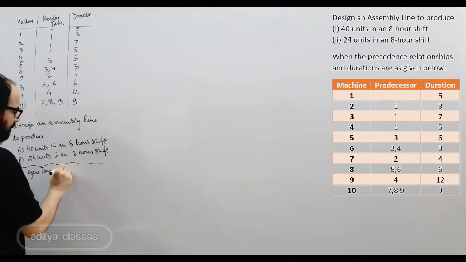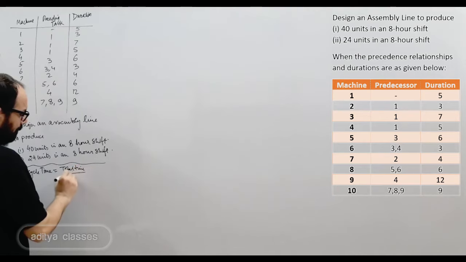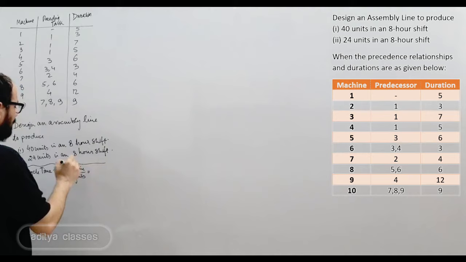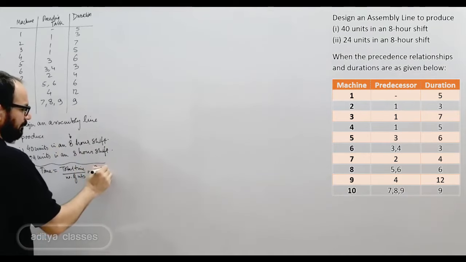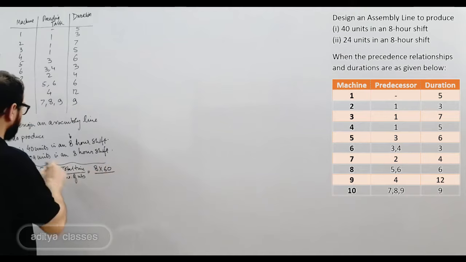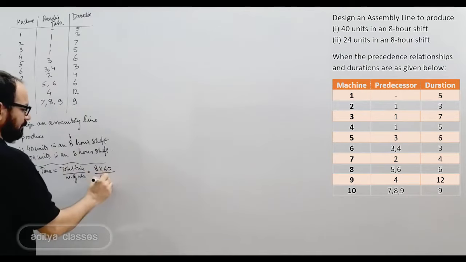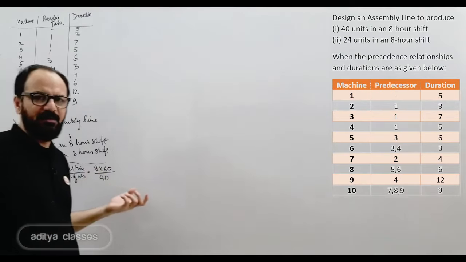Which is given by total time upon number of units. So in our case, total time is 8 hours. Let me convert it into minutes, upon total units. Why are we converting it into minutes?